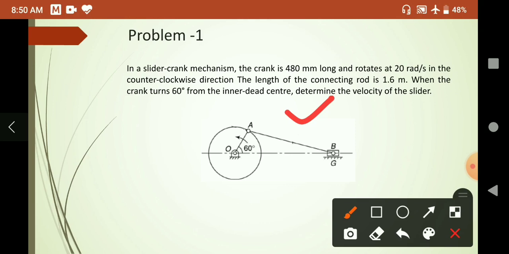When you start drawing, take a fresh page in your notebook, orient the notebook horizontally, and at the top draw this mechanism. This diagram is known as the space diagram.